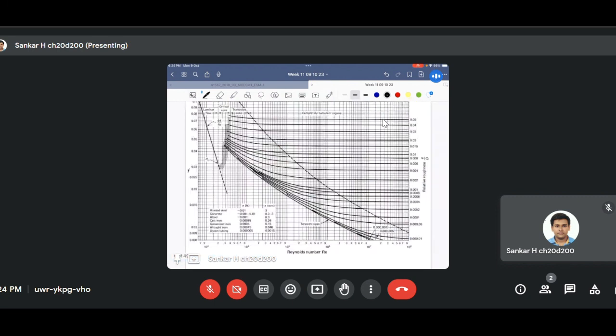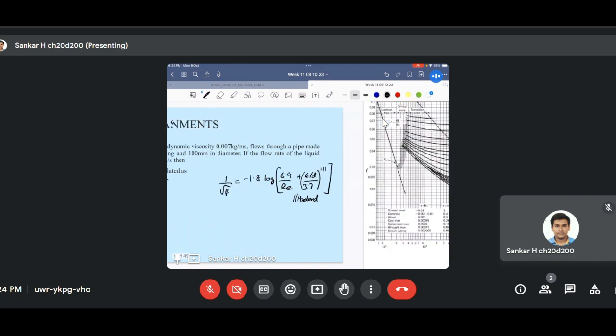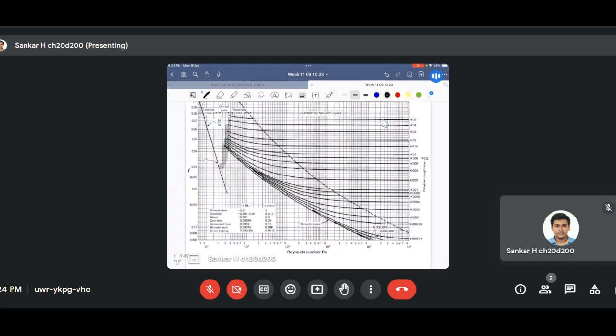Sorry, the Reynolds number is 127,300, so 1.27 into 10 raised to 5. So let's go to the relative roughness, and a value of 0.0026 will be somewhere around this line.